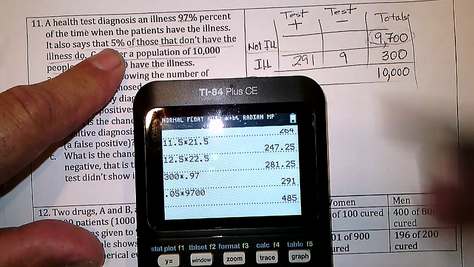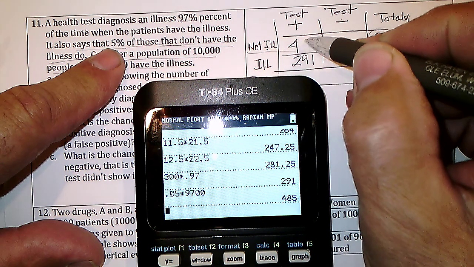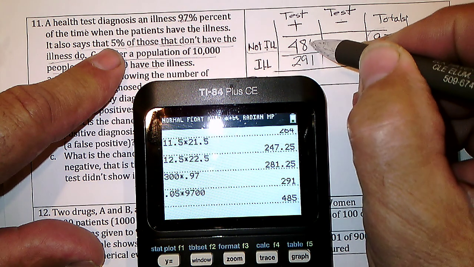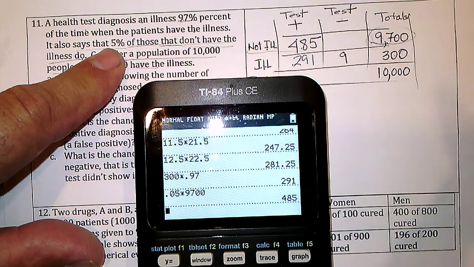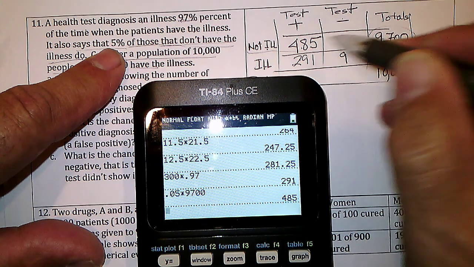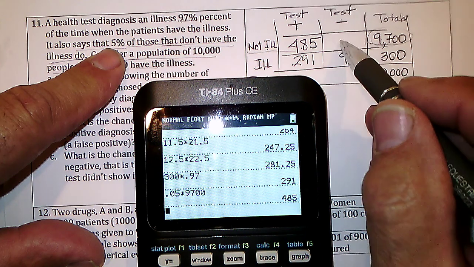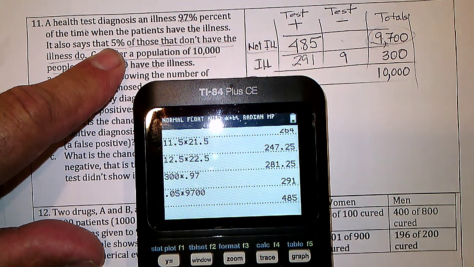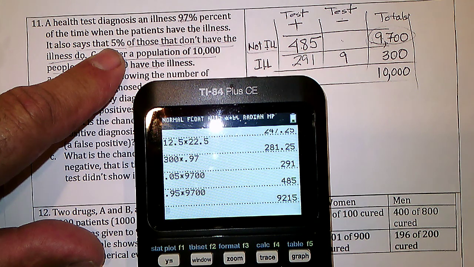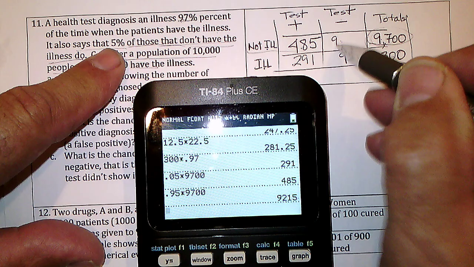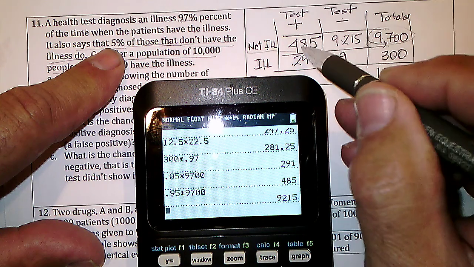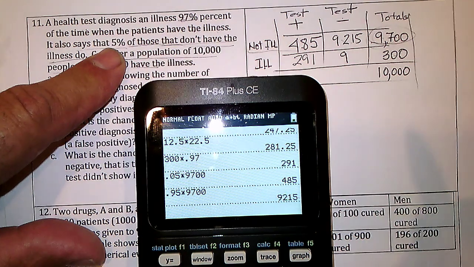The test says that 485 of them test positive for it. It says they do have it, but they don't. So the rest of the 9,700 test the other way, or 95% times 9,700, which is 9,215, or I could have just subtracted those from those and got that.